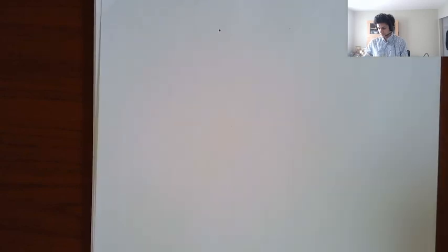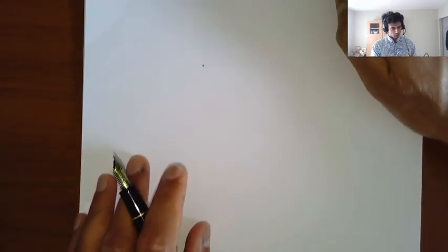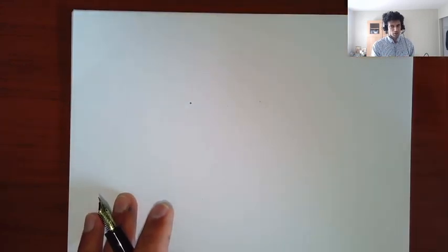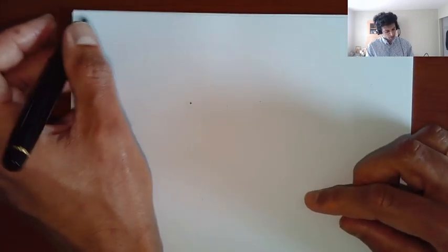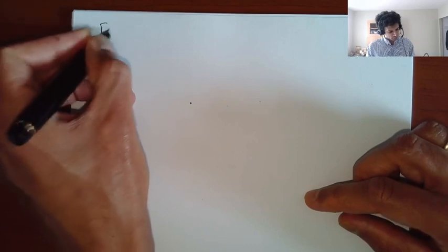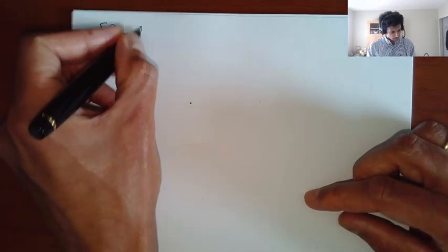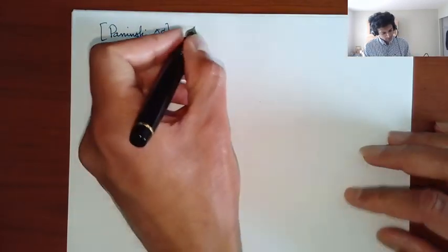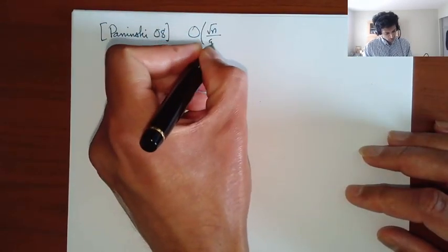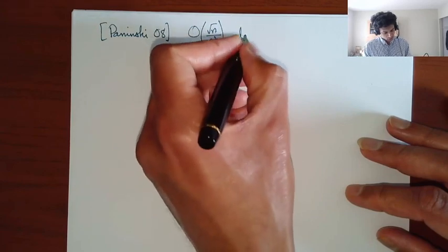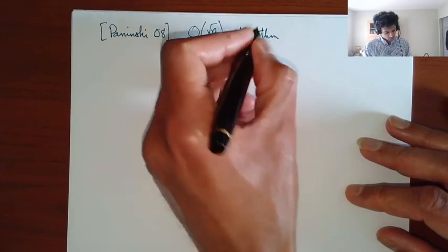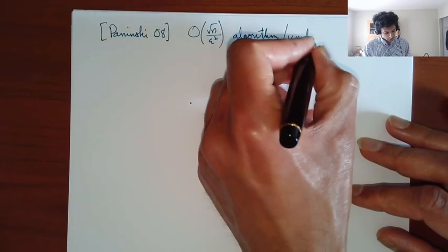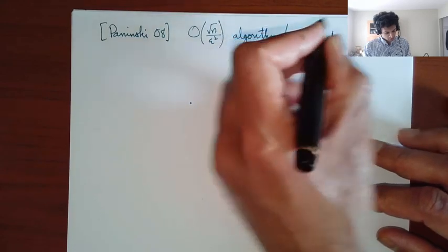Okay. If not, then what I'm going to show you now is Paninski's bound, and I'm not going to work it out in gory detail, so I'll let you work out some of the lower order terms. So Paninski gave an O of root n over epsilon squared algorithm for uniformity testing.